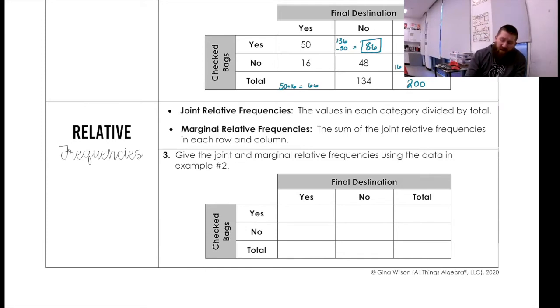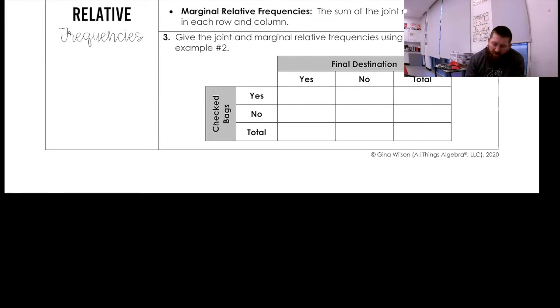So we're just going to go through it: 50 divided by 200, and we get 0.25.